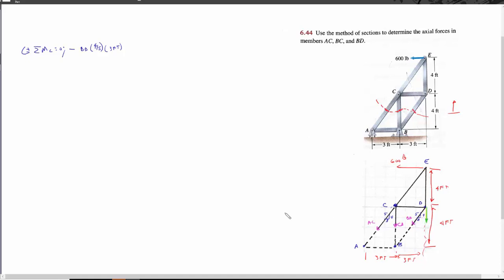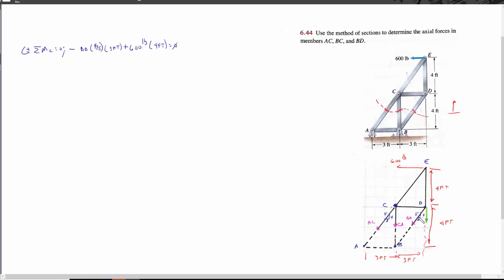So it's 4 over 5, and the distance to this vertical force is going to be 3 feet. I'm going to have plus 600 pounds, and the distance there is going to be 4 feet. And that's all equal to 0.